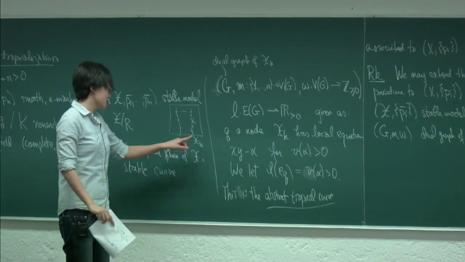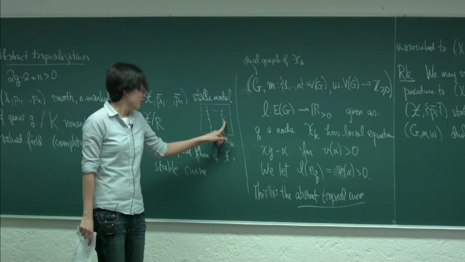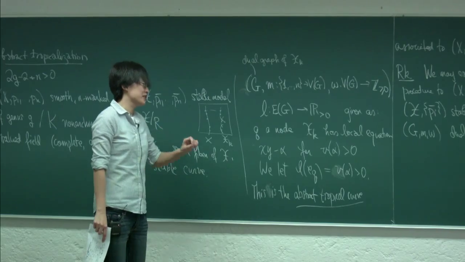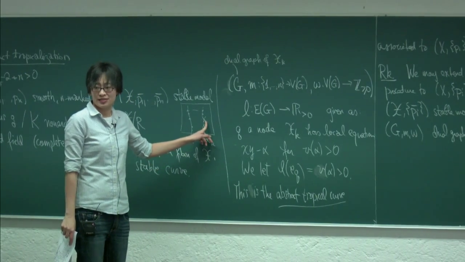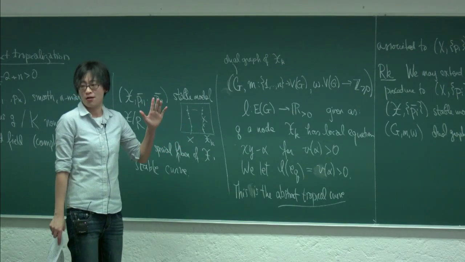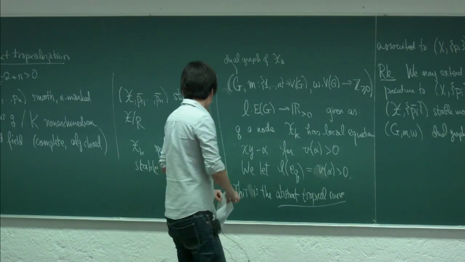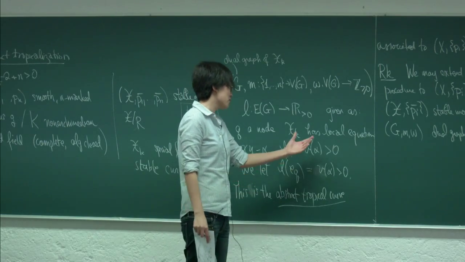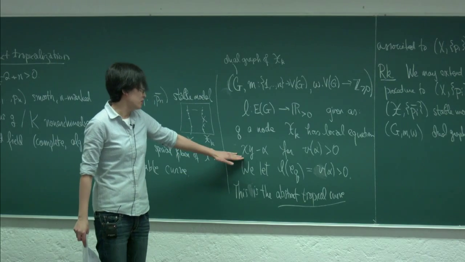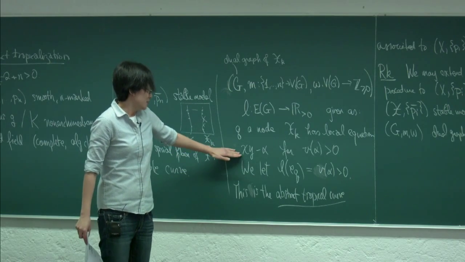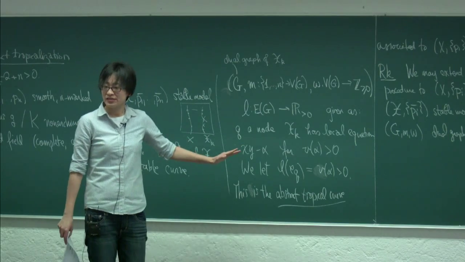And now in this case, the edges of the tropical curve, let me put it this way: consider a node on the special fiber of this stable model, where the generic fiber might no longer be smooth. Well, that node may have local equation of the form xy minus alpha, where alpha is some element of R with positive valuation. Or alpha could be 0, right?